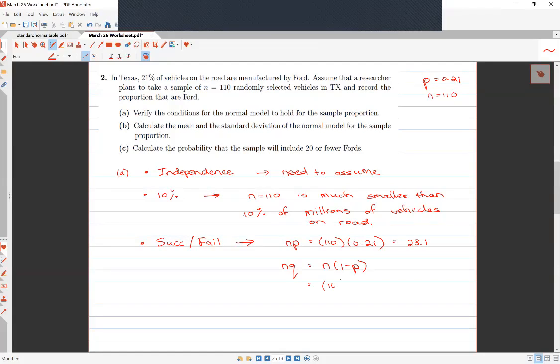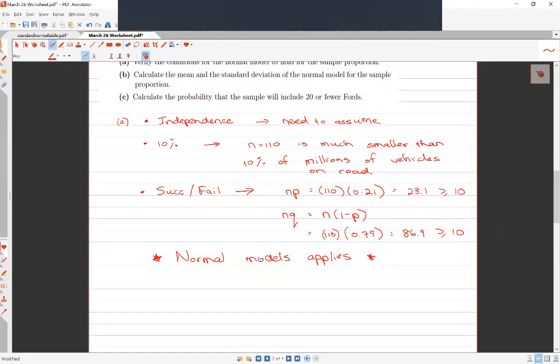And if you multiply 110 and 0.79, which I get by taking 1 minus 0.21, this gives me 86.9. And the condition says both of these values have to be at least 10. If each of those values is at least 10, then the normal model applies. So if you get asked whether the normal model applies, those are the 3 components that you have to address.